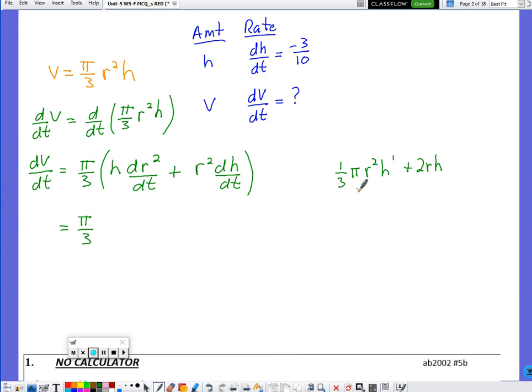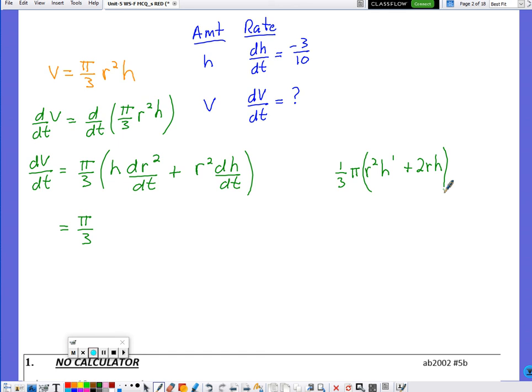One third pi r squared h prime plus 2r. I have parentheses. Gotcha. So where are the parentheses? In between pi third and r squared, and then after h. Okay.